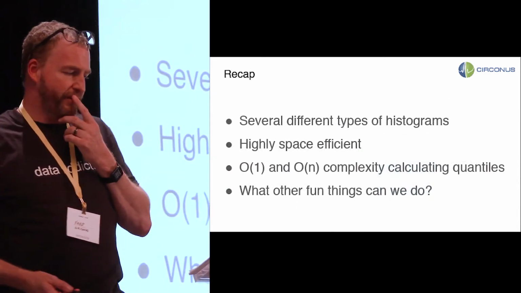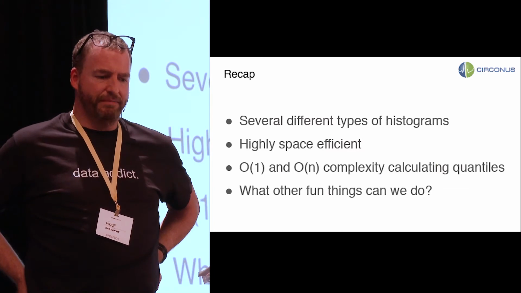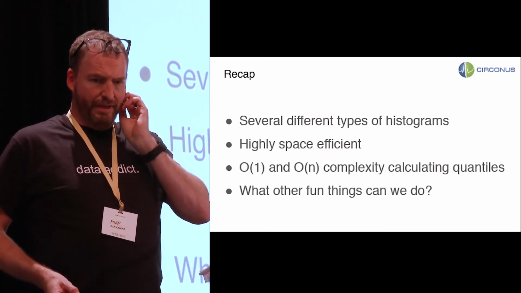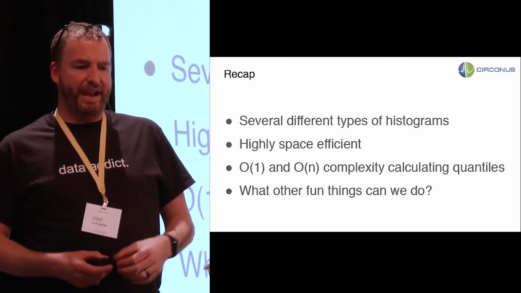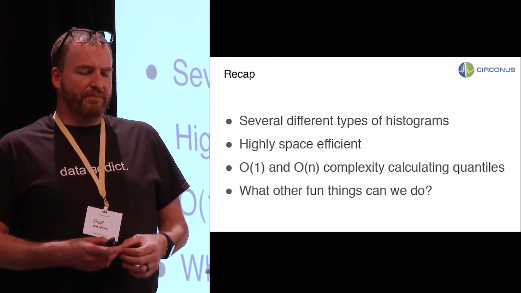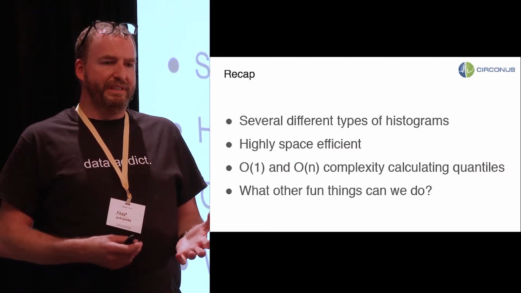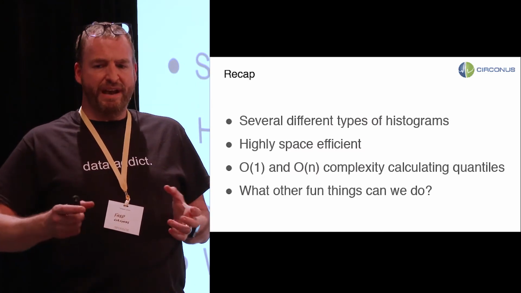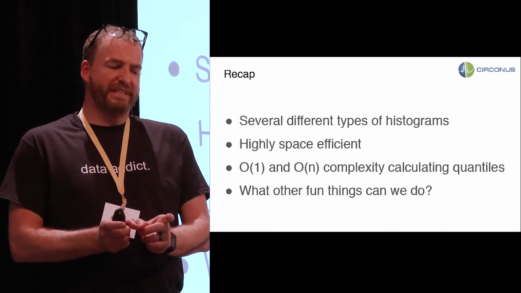So I'm going to do a quick recap here. We looked at several different types of histograms and how you can do your own. Showed the data structure and how it's space efficient. But the title of this talk is effective management of high volume data. So you can see that we have a space efficient structure, and that gives us some scalability.